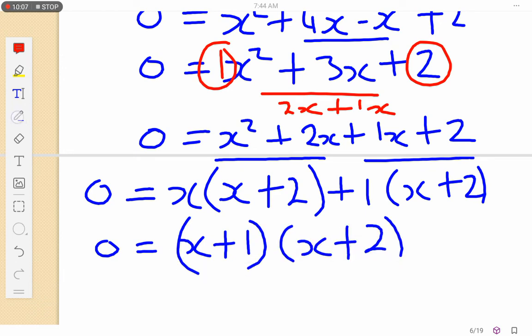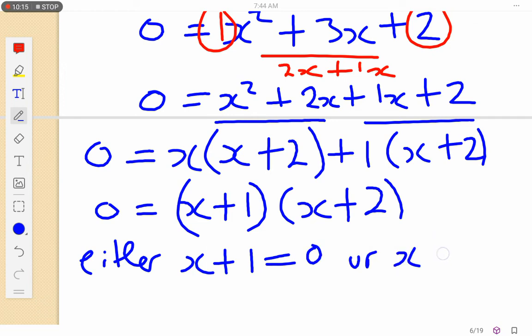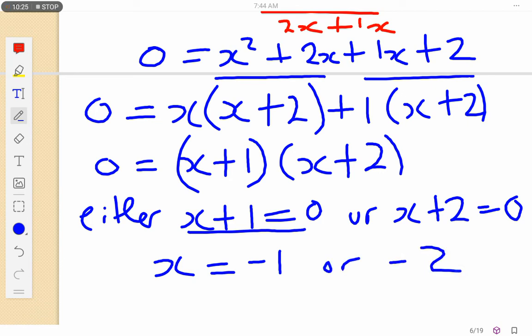So now we can say either x plus 1 is equal to 0 or x plus 2 is equal to 0 there, like that. So our x is equal to minus 1 from this one or minus 2 from this one.